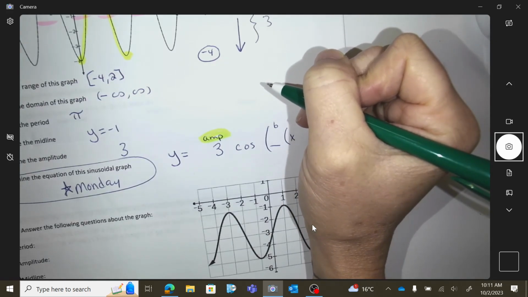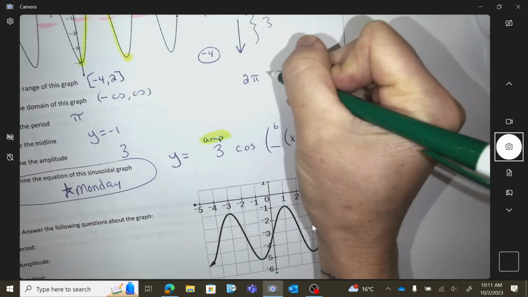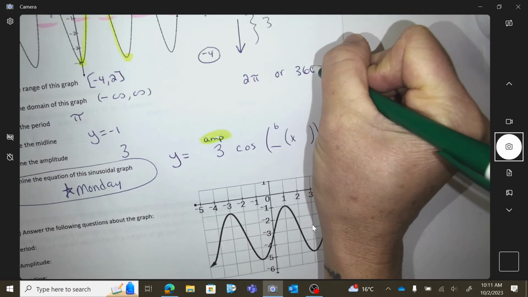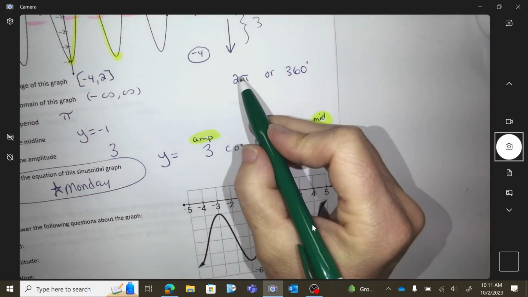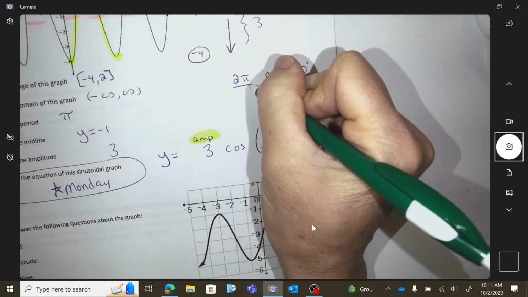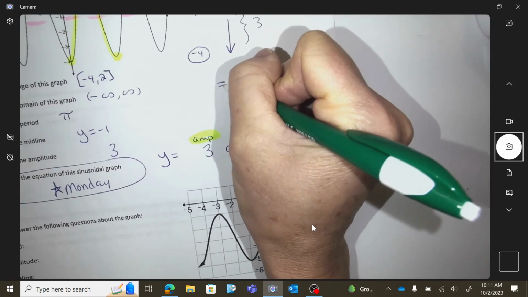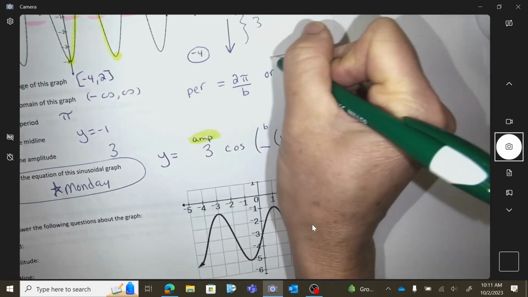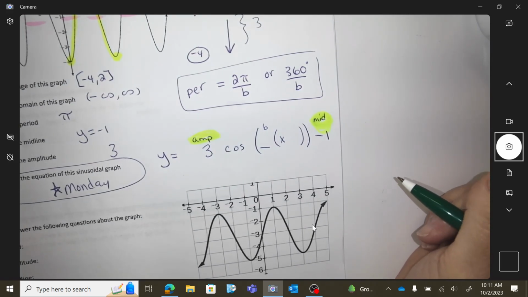Or in radians, 2 pi. So 2 pi or 360, doesn't matter what language you're talking in, depends if you're talking in radians or in degrees, divided by B is what the period equals. 2 pi over B, kind of rolls off the tongue like that. 2 pi over B is the period.